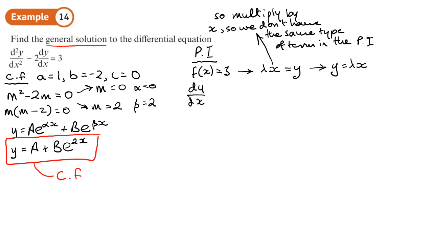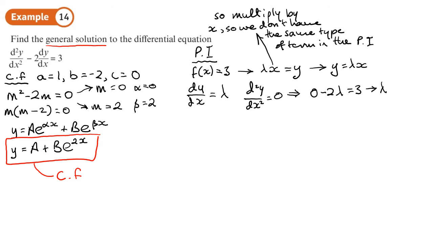dy dx will be lambda, d squared y over dx squared is going to be 0. Substitute those into the differential equation. So I'll have 0 minus 2 times dy dx, which is lambda. There's no y term in here, so we don't need to put y in. So that's just going to equal 3.